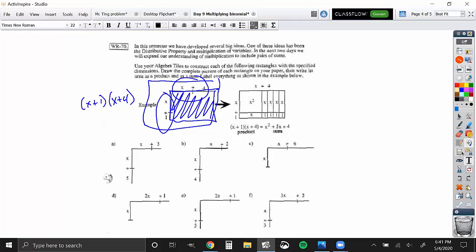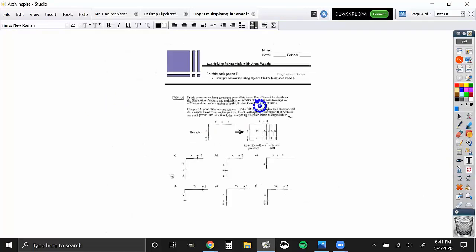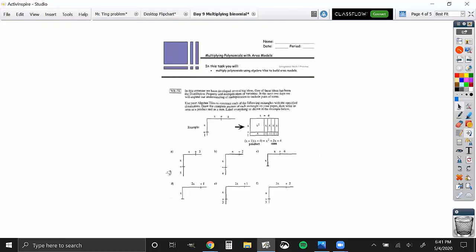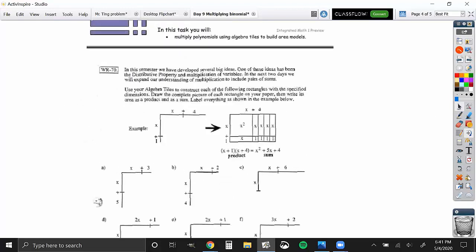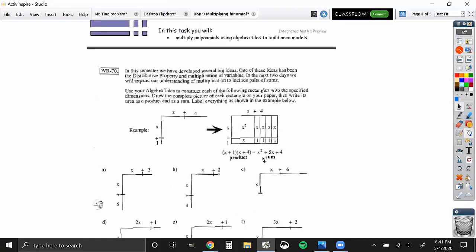So basically, sorry, let me erase this here. Ooh, that's not good. Okay, so basically, you're going to start off with a frame, and that frame is going to help us decide the product of these two pieces.